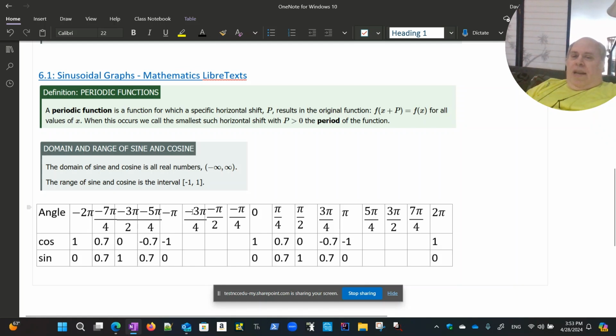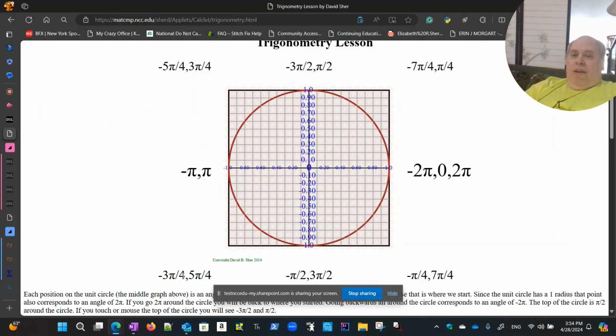Now, the next point we'll get is from minus 4 quarters of a pi, we'll go to minus 3 quarters of a pi, or from 4 quarters of a pi, we'll go to 5 quarters of a pi. In either case, we land over here, which is minus 0.7 and minus 0.7. So now we're in quadrant 3, and the x and y are both negative.